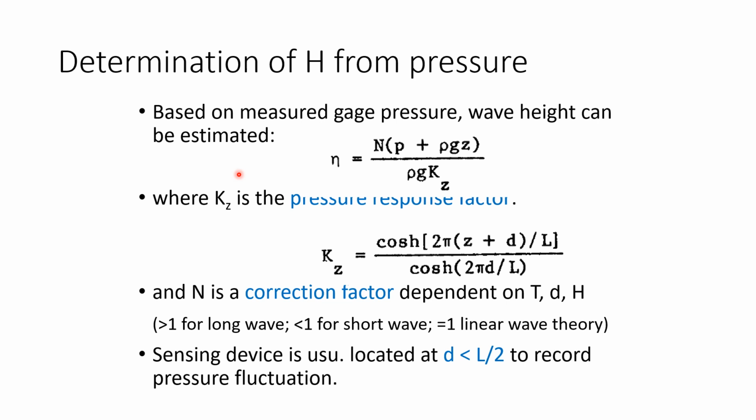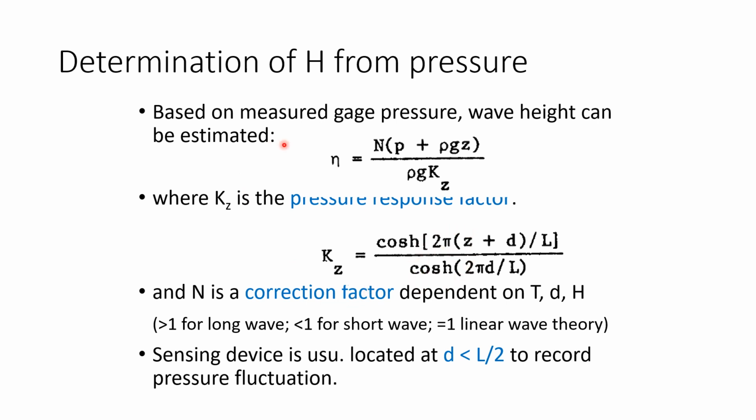Now in this arrangement, you notice that of course we still have the K, which is the pressure response factor, which depends on the water depth and also the position of our wave gauge, and also on the wavelength. That means in order to apply this equation, we also need to know the wavelength.